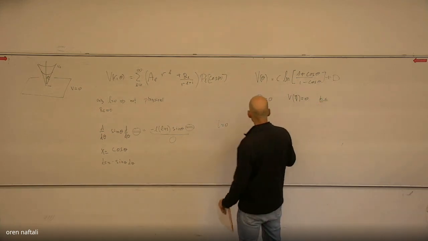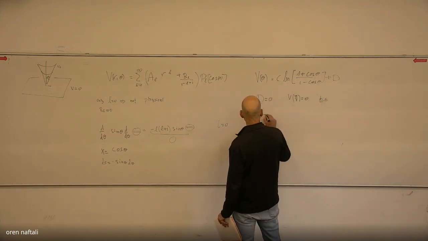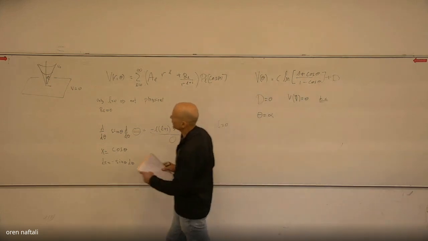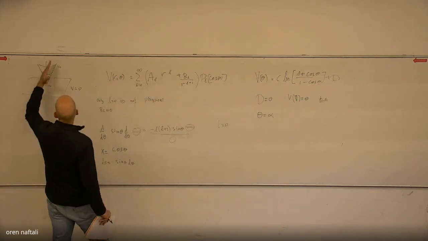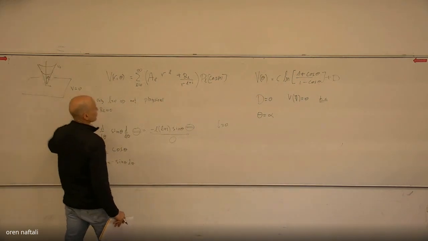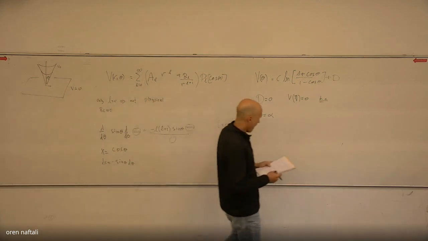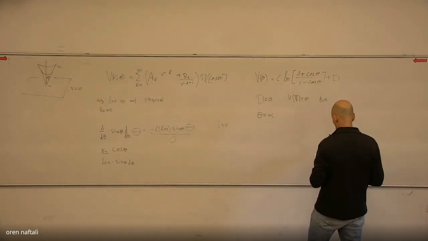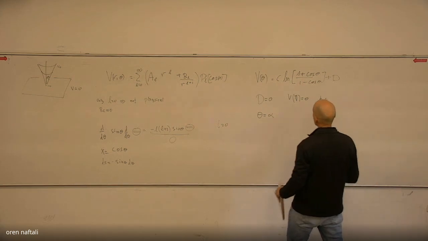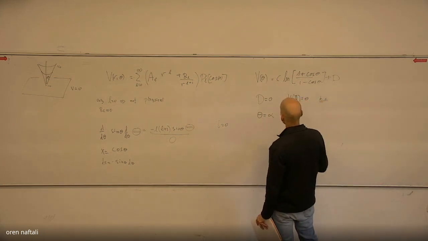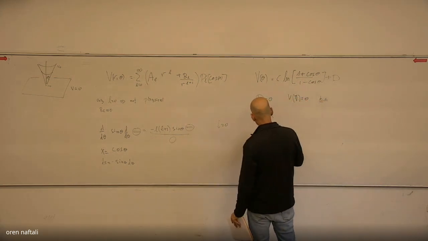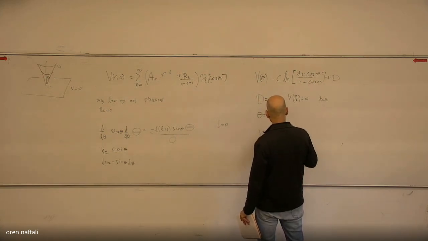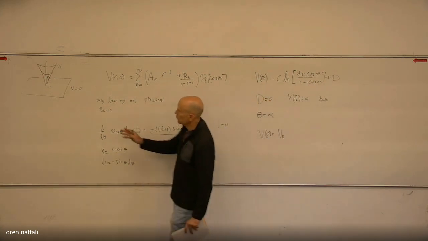So C is determined by this angle alpha. Alpha is given here. So when you have alpha, you get this number. So to satisfy this, then the final solution is V of theta, V0, which is the potential on this cone.